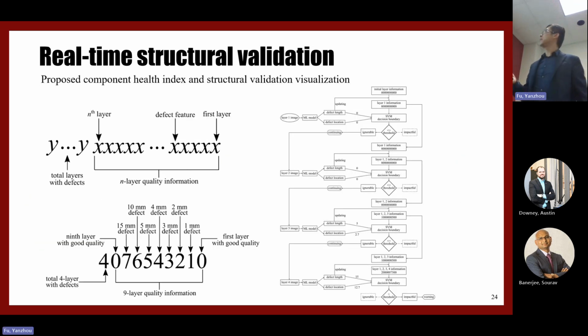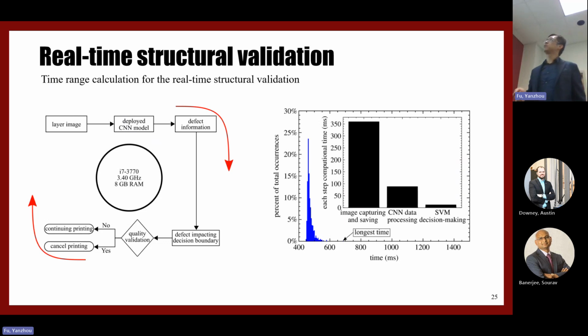So that's the printing process, and because what we want to achieve is real-time structural validation, in order to make sure the time constraint can be satisfied with the current settings, we calculated the time distribution for the real-time structural validation.